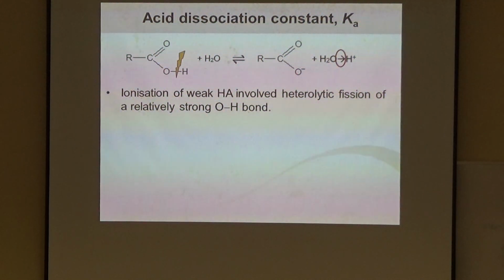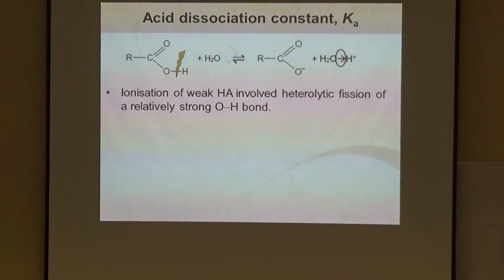So ionization of a weak acid usually means that you have heterolytic fission, when a bond breaks and the electron pair just goes to one of the atoms. In this case, oxygen. So you get O minus, and the hydrogen leaves without any electrons. So it's H plus.